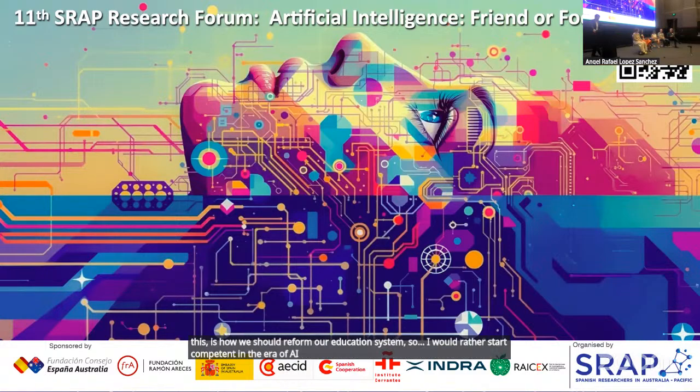And for Macarena, probably the other side of it. How do we ensure that in the process of learning, we use AI in a meaningful way for students so that it also facilitates the accessibility of those students?